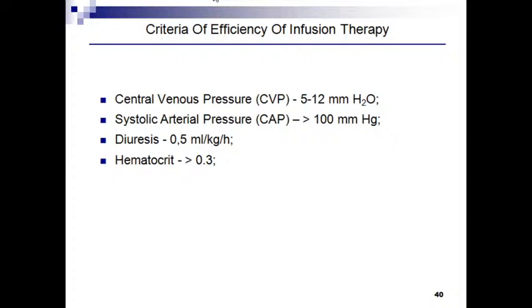If the central venous pressure of your patient increases from 50 to 120 millimeters of water column, systolic arterial pressure rises above 100 millimeters of mercury, the patient produces urine and diuresis is above 0.5 ml per kilogram per hour, and his hematocrit is above 0.3, you should consider your therapy effective.